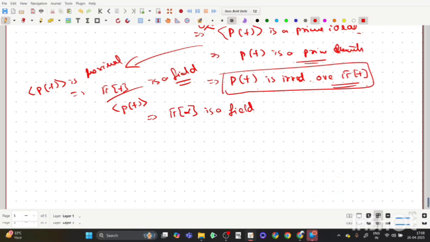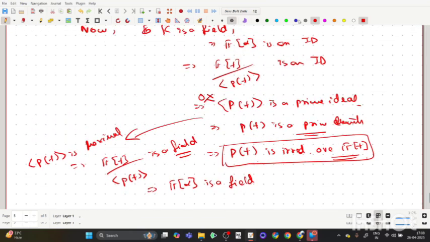Now this is also pretty trivial to observe that this p(t), this irreducible polynomial over F[t], can actually be chosen to be monic, because we are working over a field. If it is not monic, recall that the ideal generated by u times some element v is the same as the ideal generated by v where u is a unit, right?